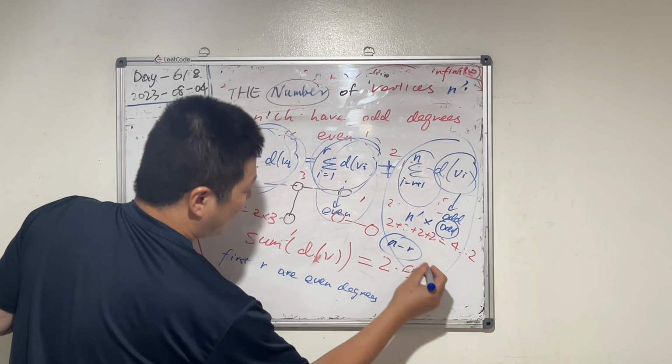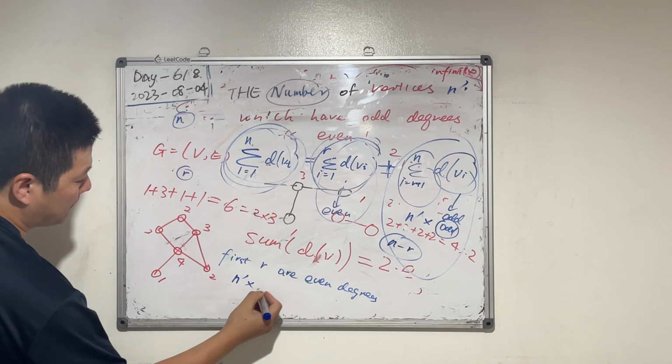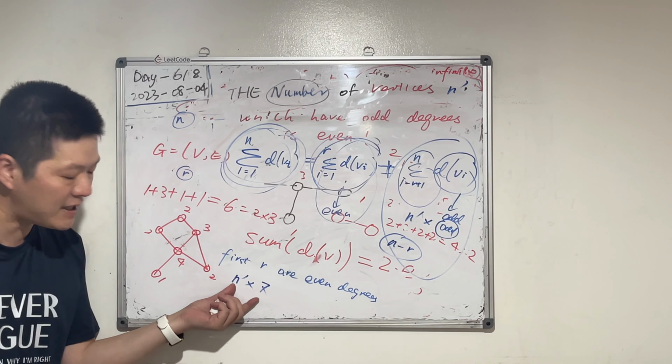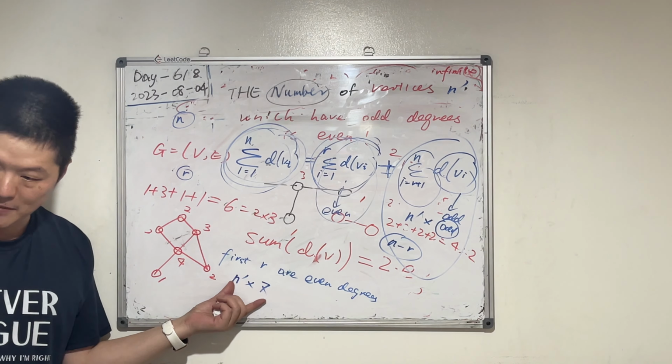So this must be an even number, so n prime times 7. This whole thing is an even number, so is n prime even or odd? Even, because otherwise it doesn't make sense. 1, 3, 5, multiplied by 7, it's still an odd number. It has to be an even number to make this an even number.